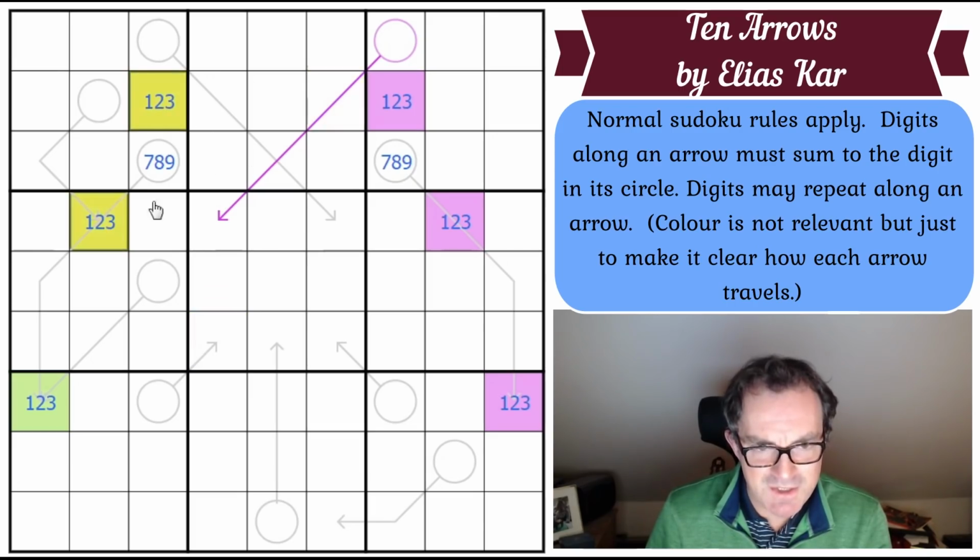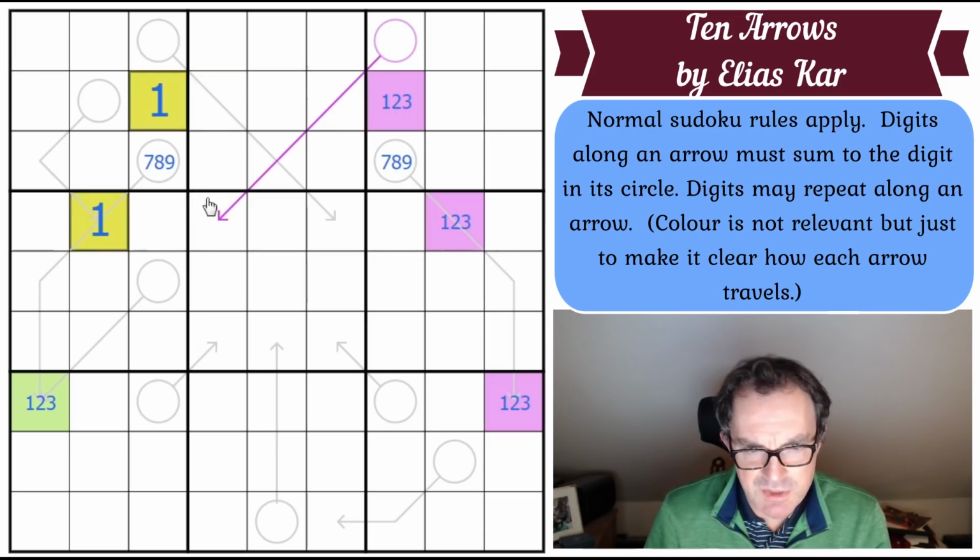Let's just double check this. So whatever I put in here, if I want to put it on an arrow, I have to put it on the same arrow. Either that, or I have to go for a high digit. And if I go for a high digit, I'm just broken, aren't I? Let's just do this the other way.